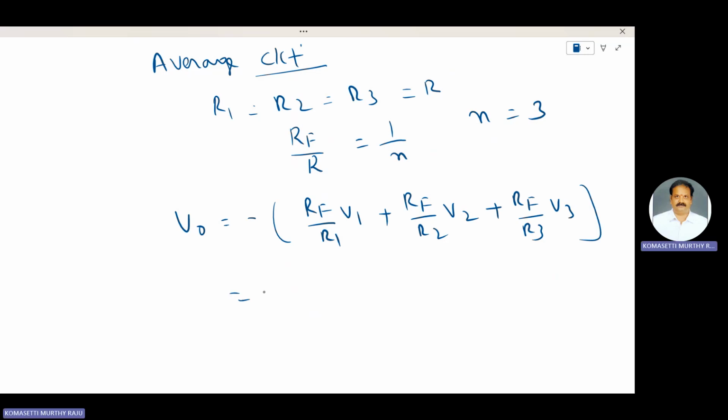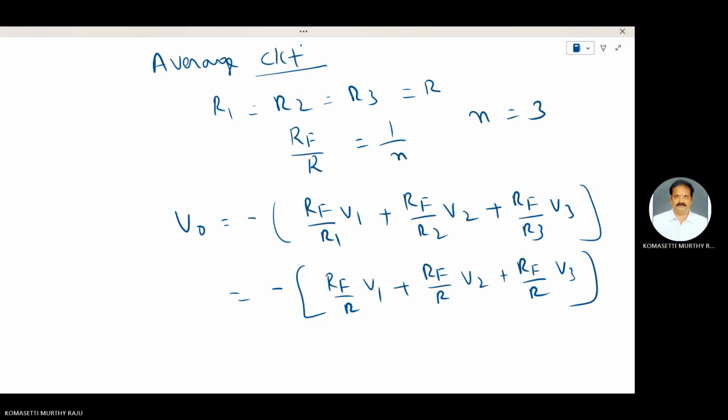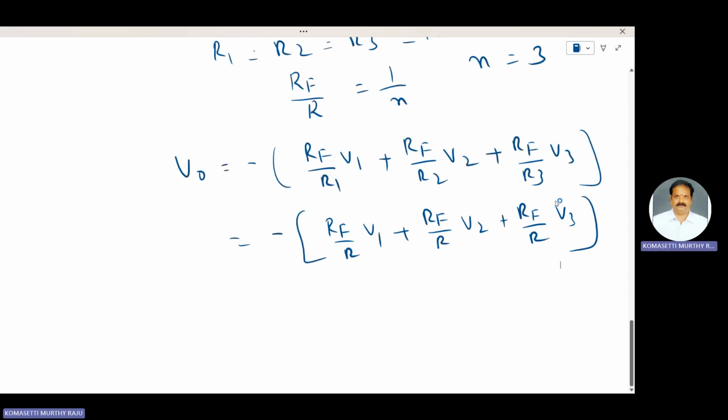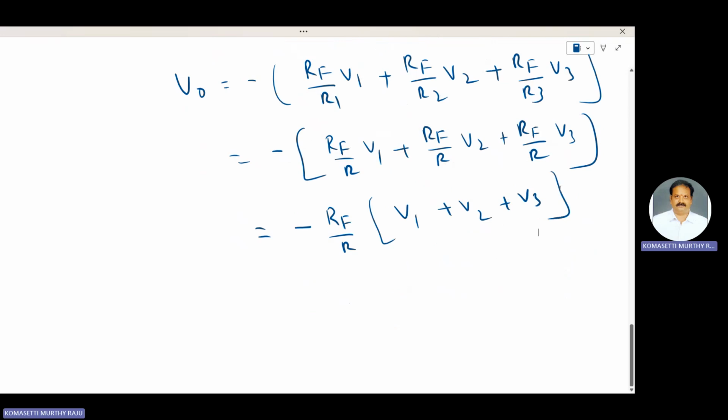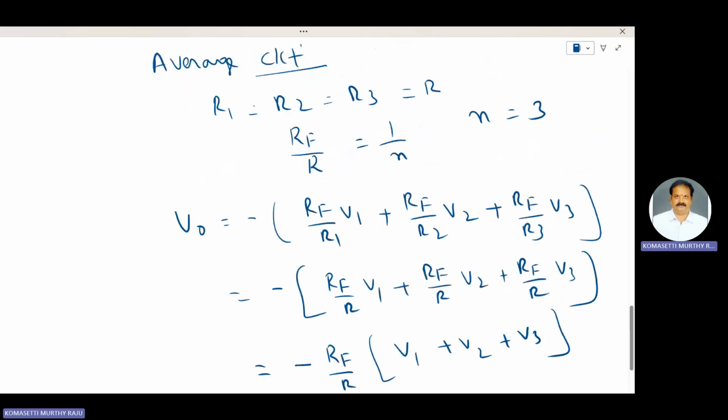First condition is R1 is equal to R2 is equal to R3 is equal to R. RF by R V1 plus RF by R into V2 plus RF by R into V3. That is equal to minus RF by R V1 plus V2 plus V3, if RF by R is equal to 1 by N.